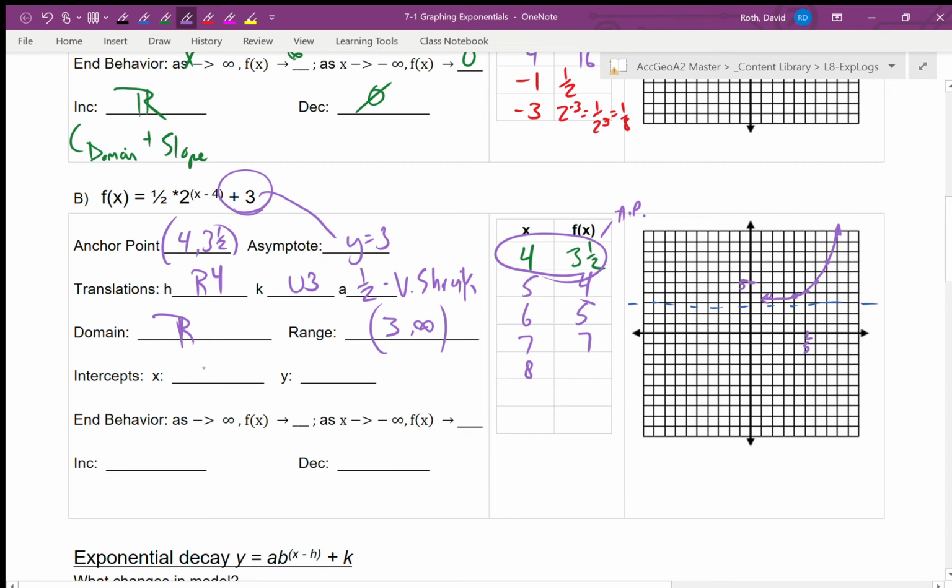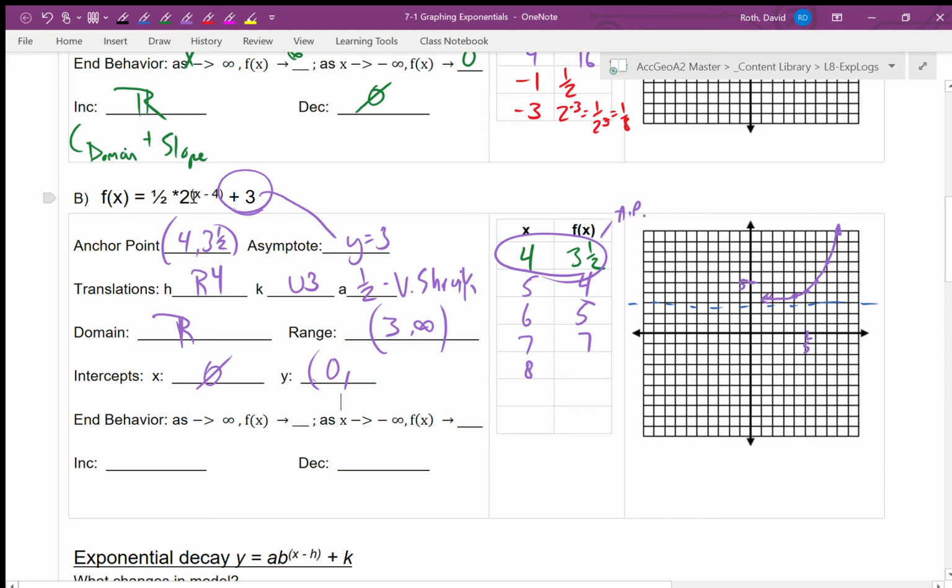Certainly no x-intercept, call that null set. Is there a y-intercept on this one? Now that's interesting. What would I have to plug in for this? I would have to plug in 0, and 2 to the negative 4th, what was that, 1 over 16?